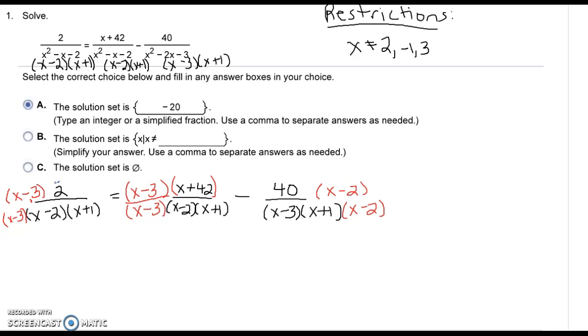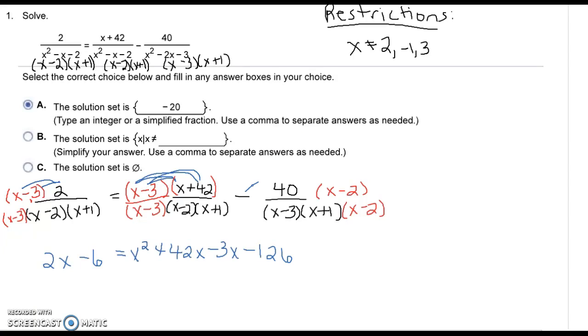Alright, so 2 times x, 2 times -3, so 2x minus 6 equals x times x, x squared, x times 42 is 42x, -3 times x is minus 3x, and -3 times positive 42 is -126.